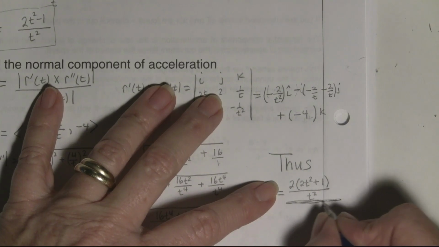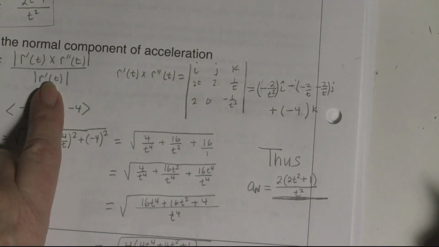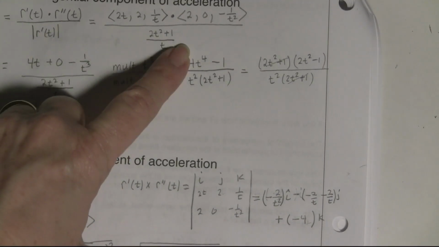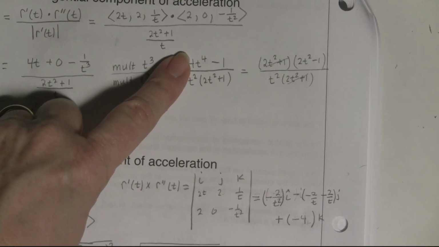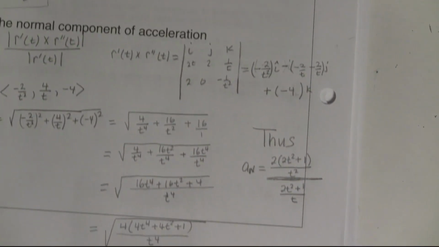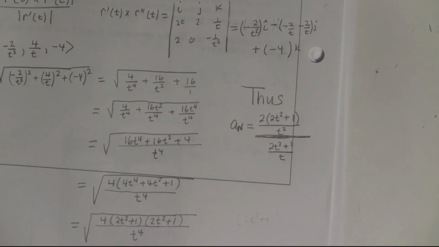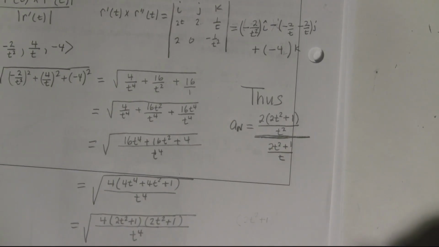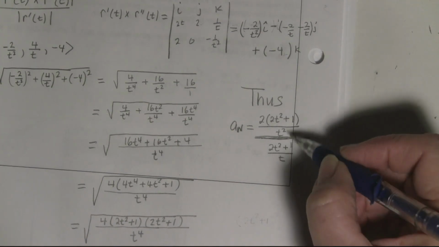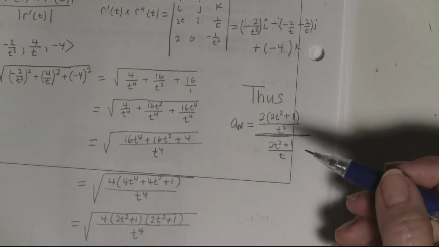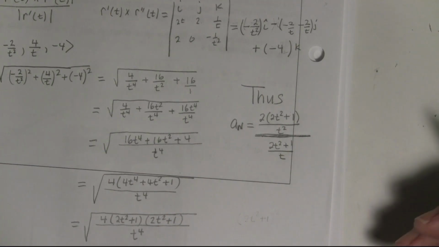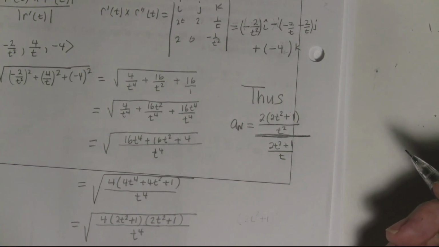The real students will be Calc 1 students, divided by this. And good news, we found that up here: 2t squared plus 1 over t. And here you're going to see a miracle. We have them stacked, as you can see. However you want to do it, the 2t squared plus 1 is going to cancel out. If you want to write it as a division and then cancel it, you do you on that.